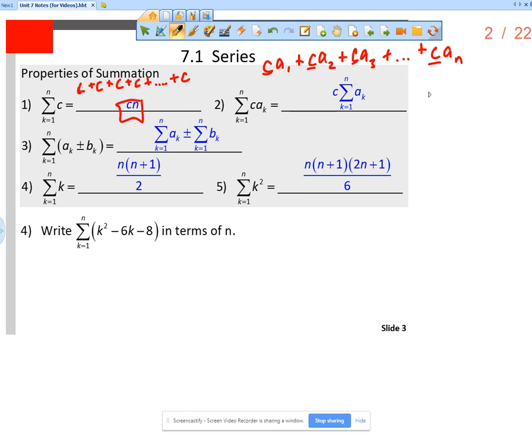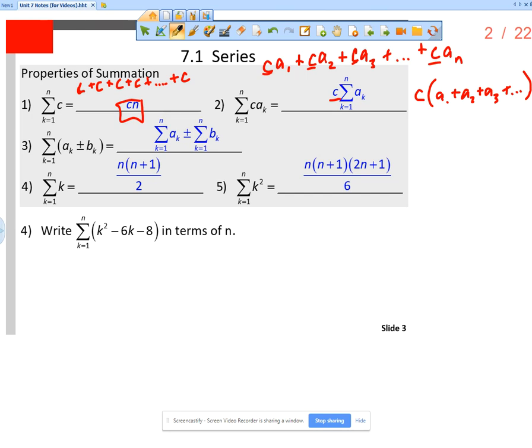We could actually write this as c times a sub 1 plus a sub 2 plus a sub 3 plus, and so on up to n. So that means the c could actually be brought outside of the summation. Now, you may recall from Unit 6, that's the exact same way an integral works, right? Where a constant can be brought outside of an integral.